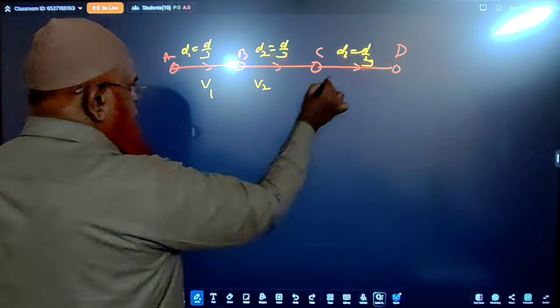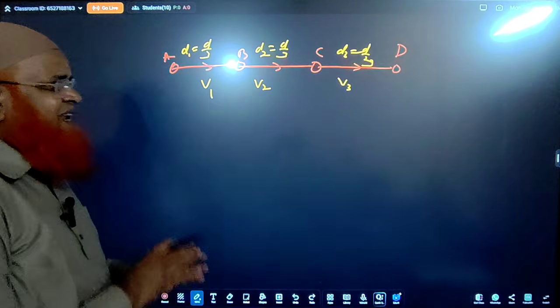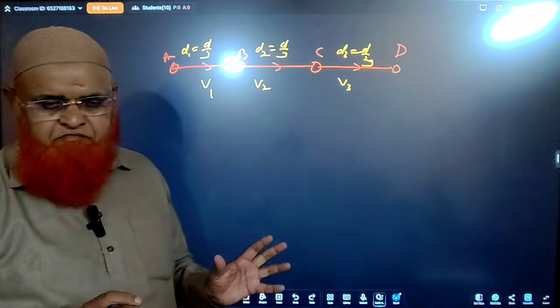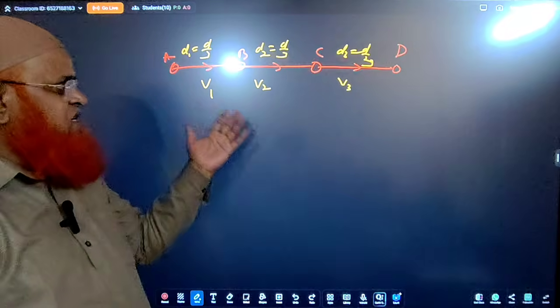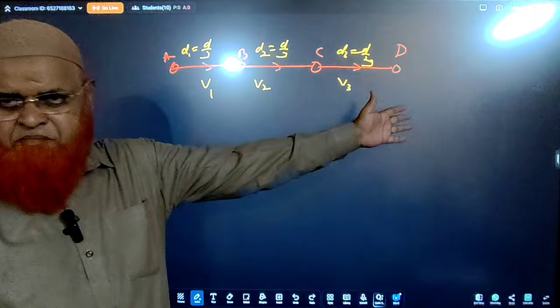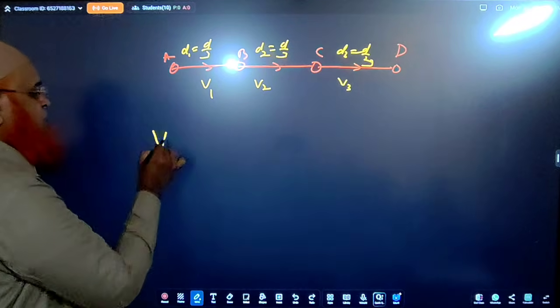Speeds are V1, V2, and V3. He doesn't mention any time. Instead of double cases, he has given triple cases, 1/3, 1/3, and 1/3. So the same formula you will apply.